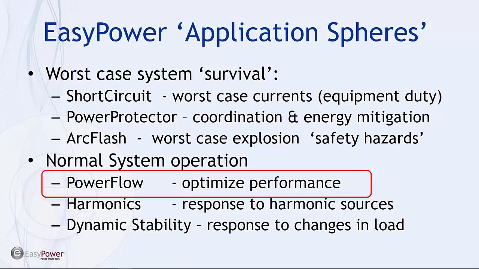And essentially, the focus is on system integrity and being able to survive the worst case that could happen and limit the amount of both equipment damage and personnel hazards, personnel liability.